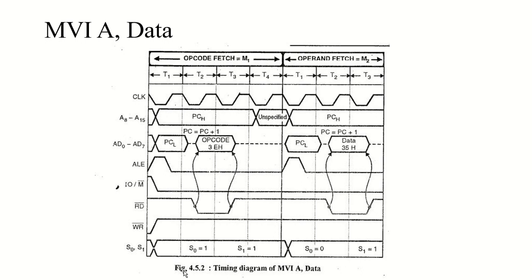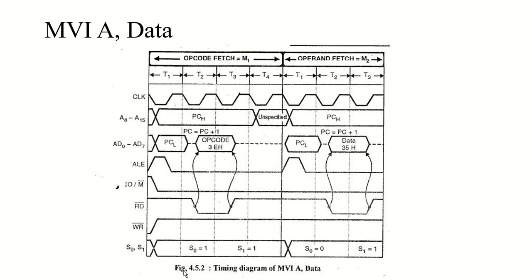We will be requiring 2 machine cycles. And how are we going to execute it? So first we will be drawing the opcode fetch as it is, and we all pretty much know how opcode fetch as a machine cycle takes place. How do we draw it?